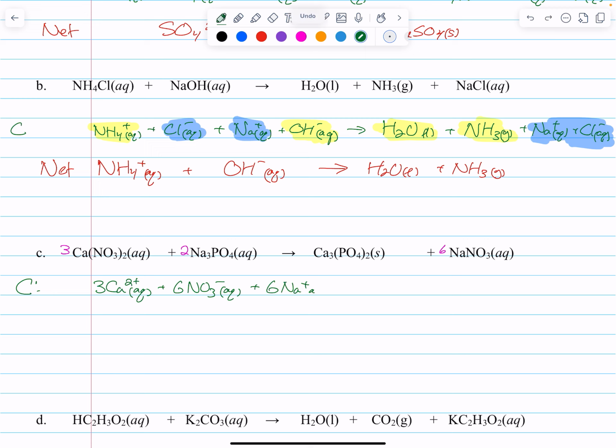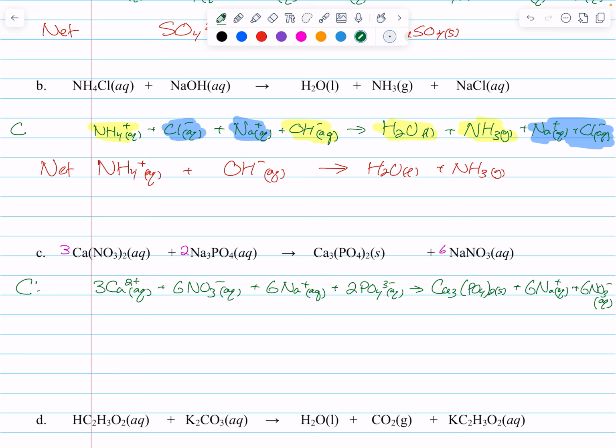Plus 2PO4 3 minus, giving us Ca3(PO4)2 solid, 6 sodiums, 6 nitrates. There we go.